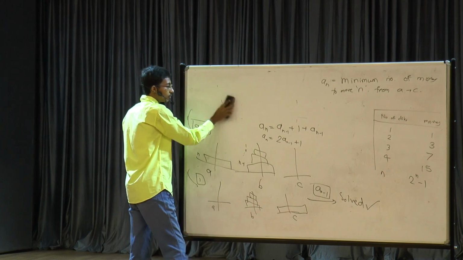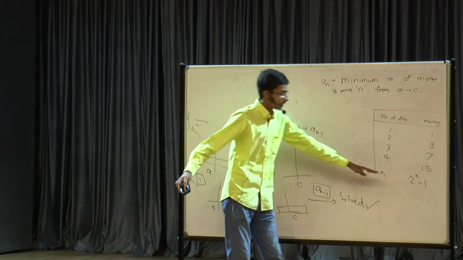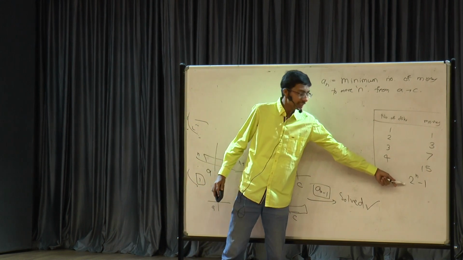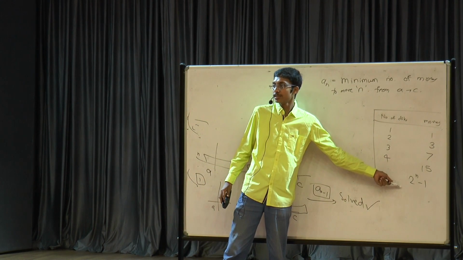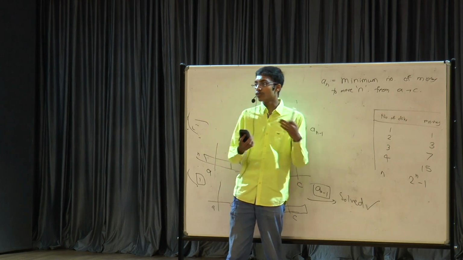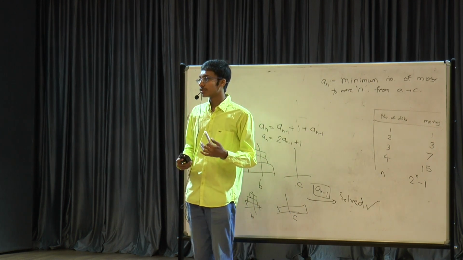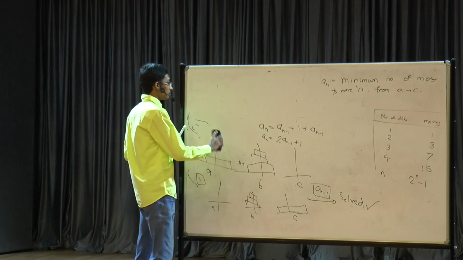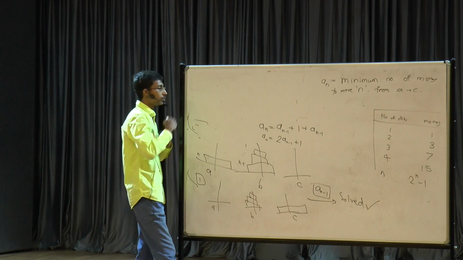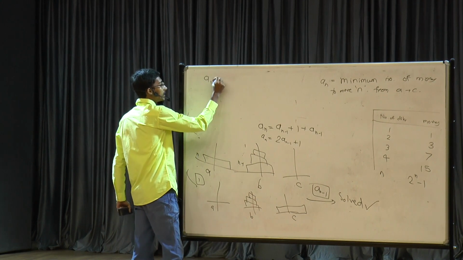Now how to get this 2^n minus 1? Because I have claimed it to be something that doesn't depend on previous terms, right? This number 2^n minus 1 doesn't take into account what was the answer for a_{n-1}. So I want to get that form. What do I know already? That a_1 is 1.